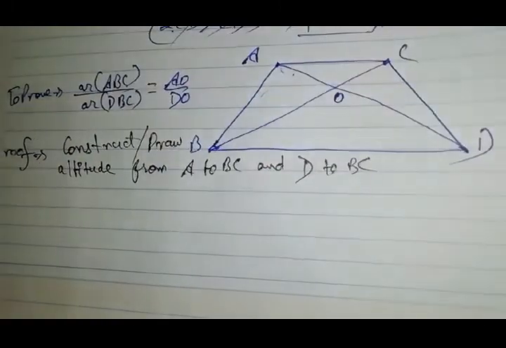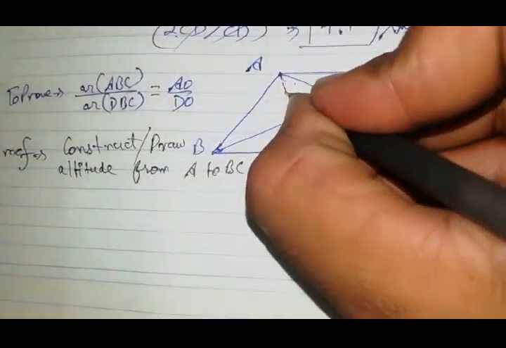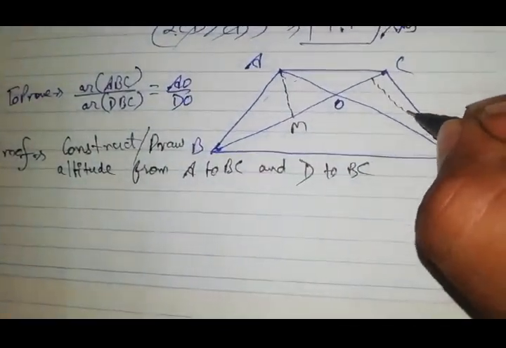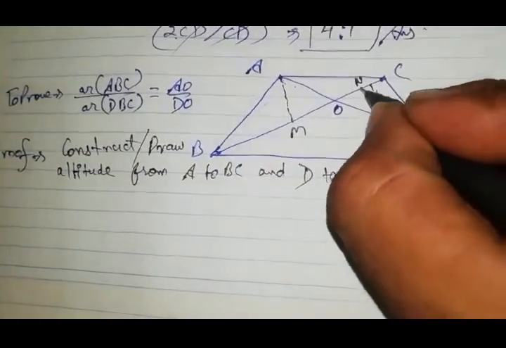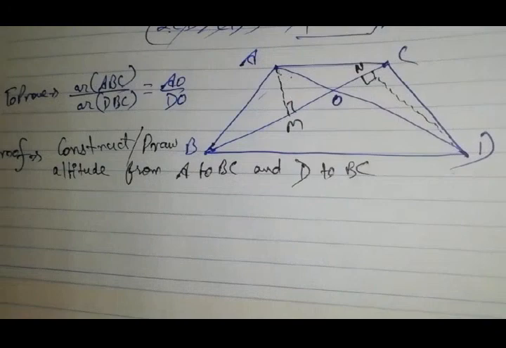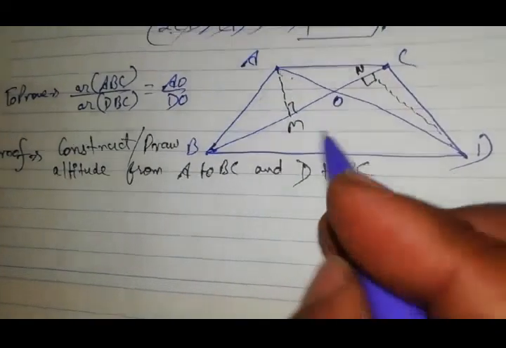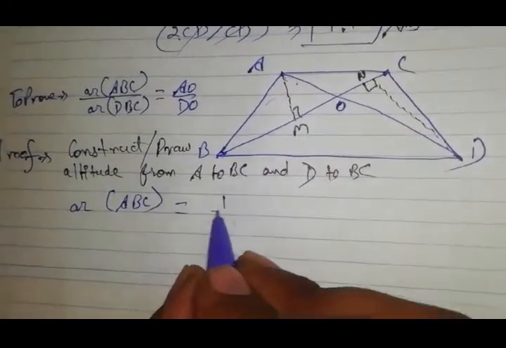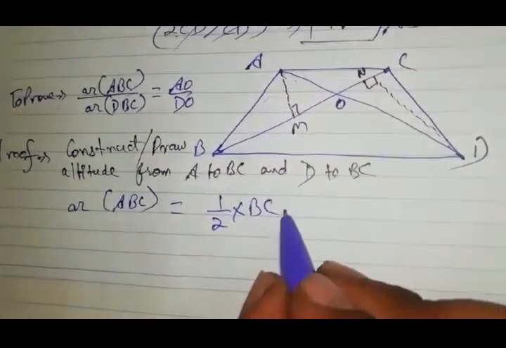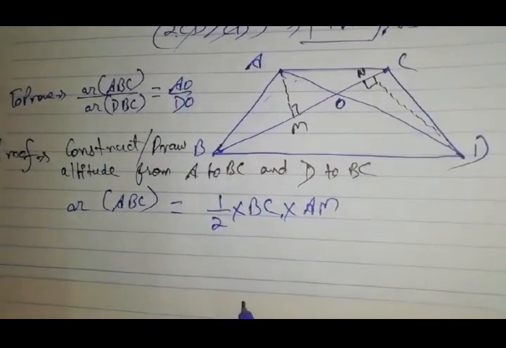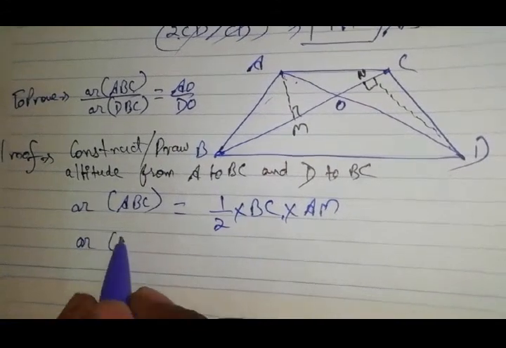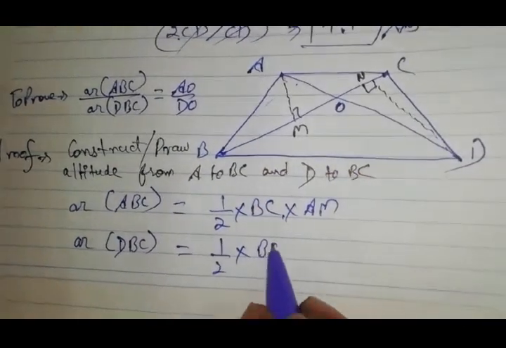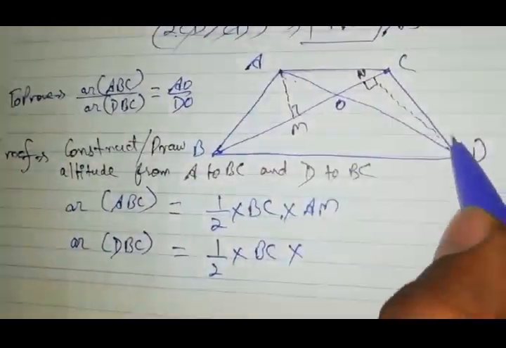This will be our altitude, name it M, and this is our altitude here, so it is N. The angle between altitudes and the base is always 90 degrees, that you already know. So area of triangle ABC is equal to 1/2 into base BC into altitude AM. For the area of triangle DBC, the formula is 1/2 into the same base BC into altitude DN.